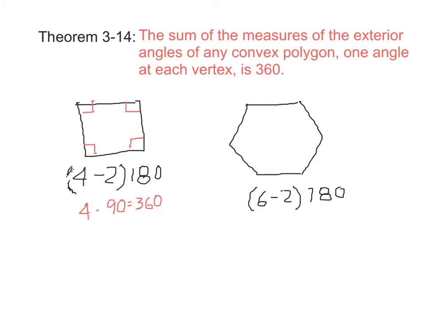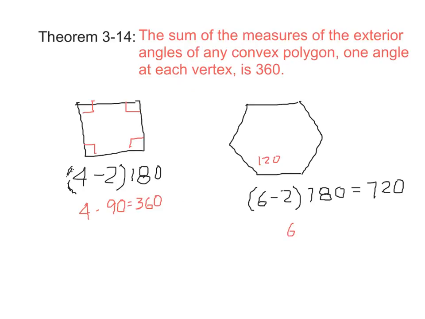So that's going to be 4 times 180, or 720. Now, if the sum of the interior angles is 720, and all interior angles are equal, that means each interior angle is going to be 720 divided by 6, or 120. So each interior angle is 120, which means each exterior angle is going to be 60.